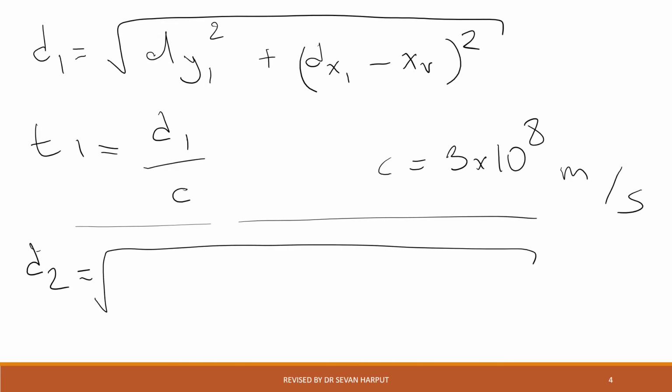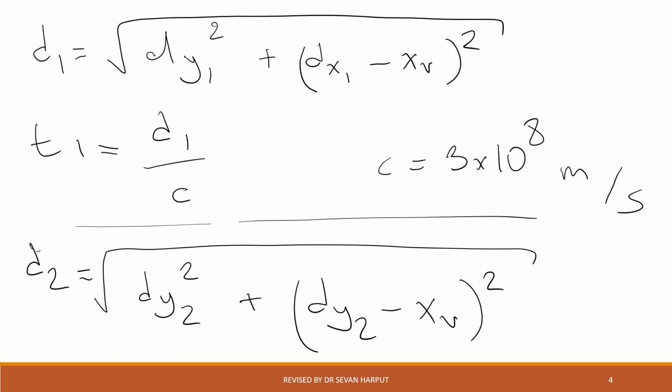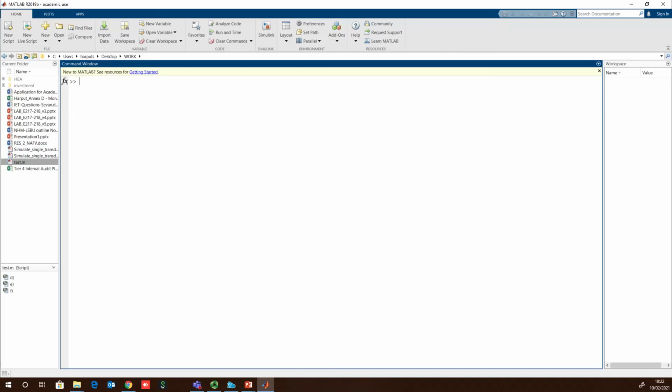The y component of the car's location is always 0, so we have dy2 minus, exactly the same equation, but written for the second transmitter. And if you wanted to calculate the time delay, we are going to use exactly the same equation shown here. So our equations are quite clear now. We can go to MATLAB and start writing it. Just write 2 equations so we can solve this question.